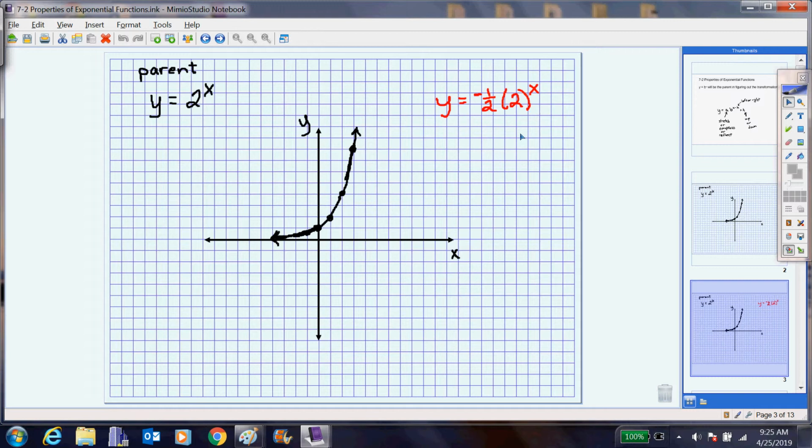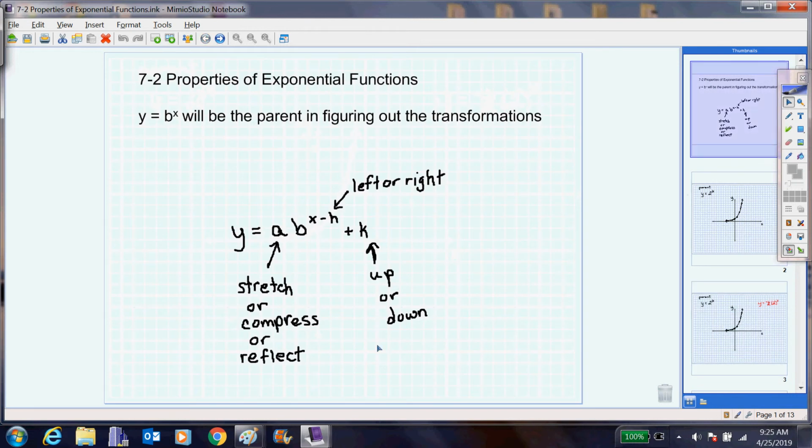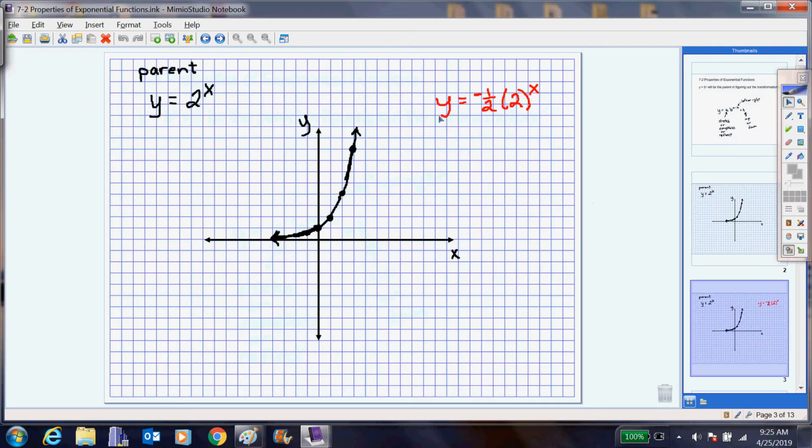Now there's a couple of things happening here. First of all, this number out front has a negative in front of it. It's also a fraction. So from your knowledge and from this that we just looked at, is this going to affect our left and right?